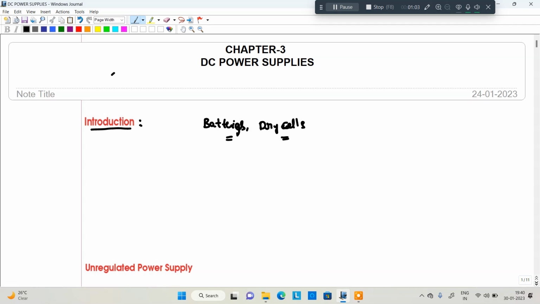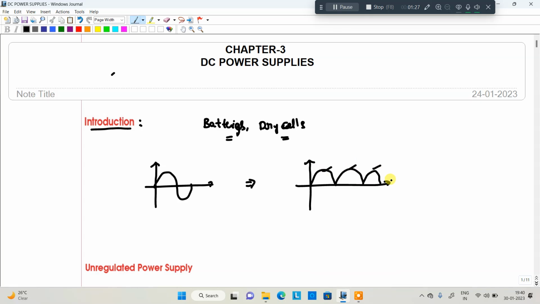We introduce the idea that AC supply is converted to DC, and we can use it as a DC power supply. Got my point? For example, I take some AC supply and, with the help of rectifiers, convert it into DC supply. When using a rectifier, some pulsation, that is, ripple, is present.